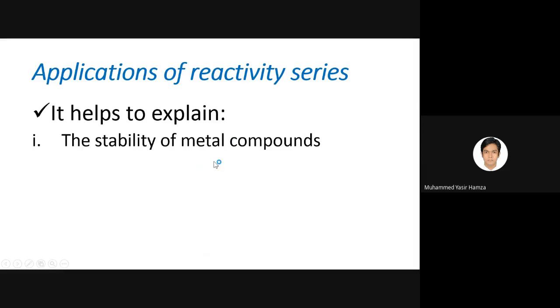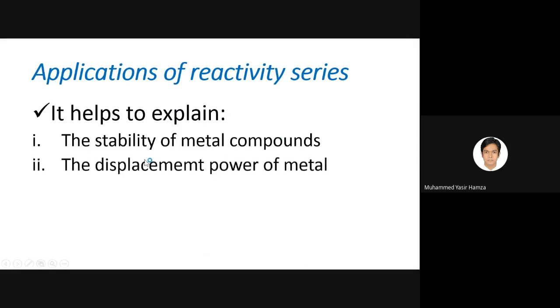How have we made this explanation? Through the reactivity series. So there are so many metal compounds we have not discussed in this class. We will discuss them in the next class.